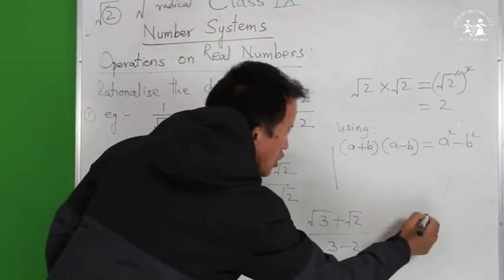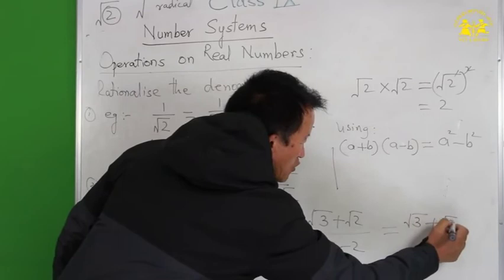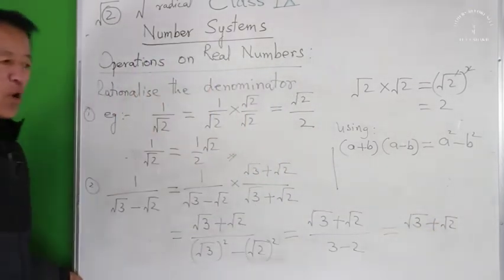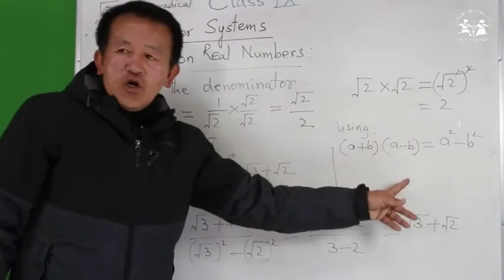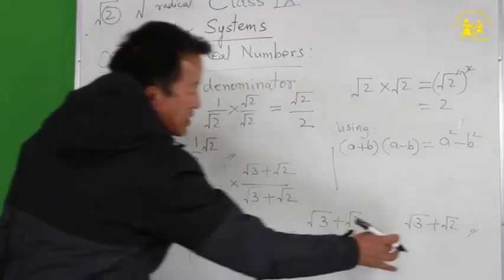Equal to square root of 3 plus square root of 2, divided by 1. The denominator is 1, a rational number.